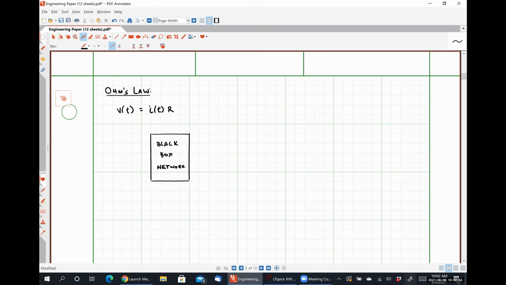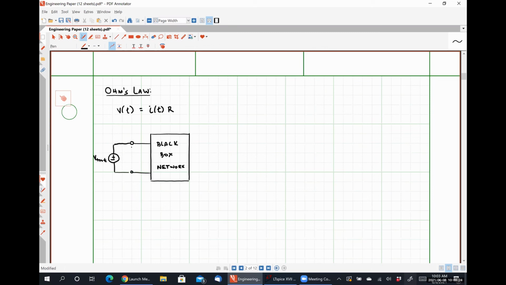So let's just take a generic black box network made entirely of linear circuit components, and we'll talk about what linear circuit components means next week. We're going to apply some test voltage, which I'm going to call V test, across a pair of terminals of this black box network.